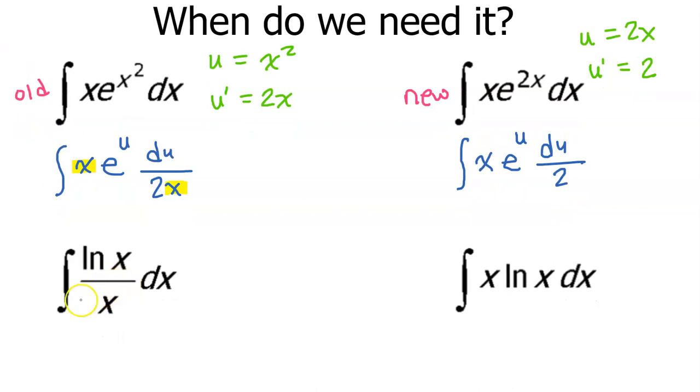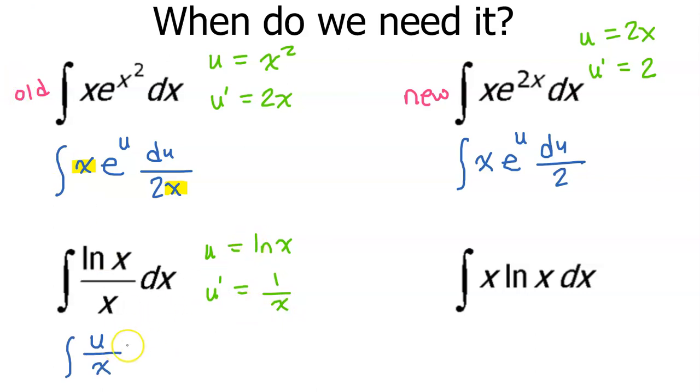This next example is not written as a product, but if we end up needing to use integration by parts, it would be easy to rewrite this as x to the negative 1 power times the natural log of x. So we can write this as a product, but do we need to? What about regular U substitution? If we let u equal the natural log of x, then u prime is going to equal 1 over x.